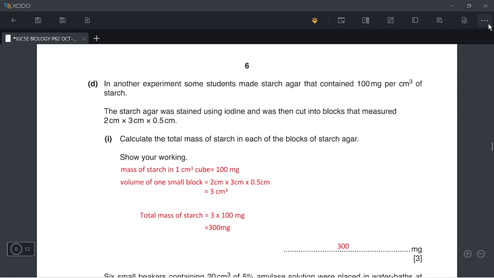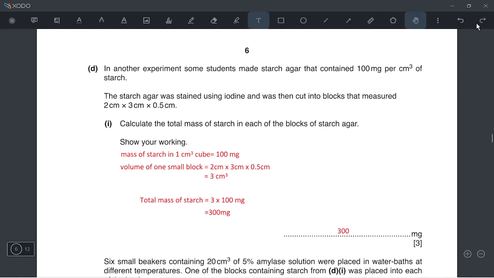D, in another experiment, some students made starch agar that contained 100 mg per cubic centimeter of starch. In 1 cubic centimeter of starch, there is 100 mg mass of starch.